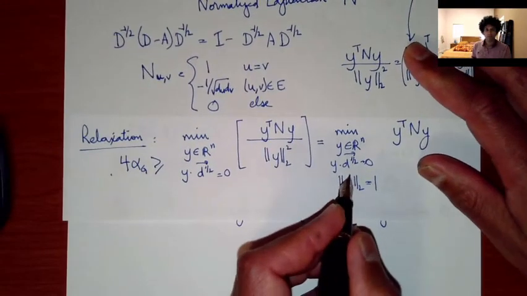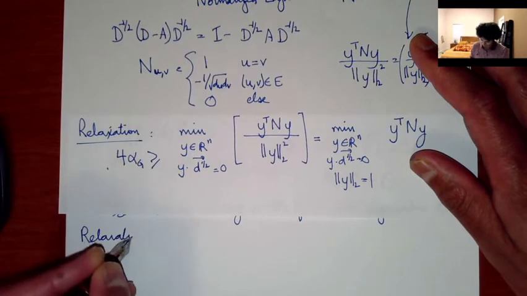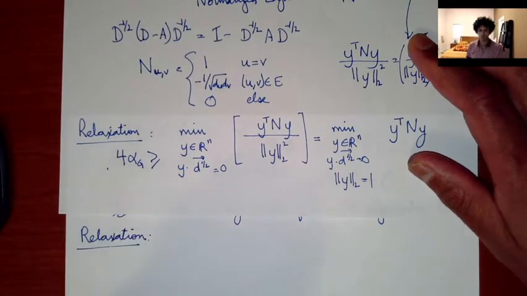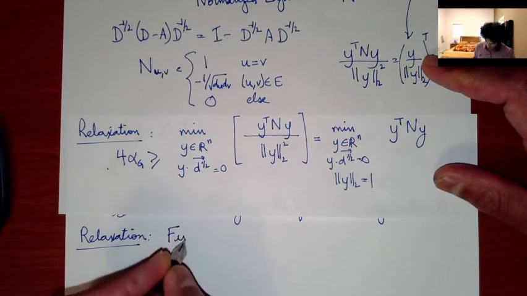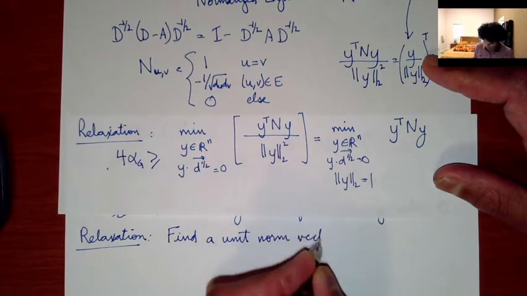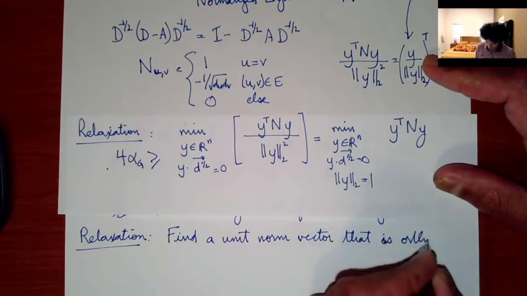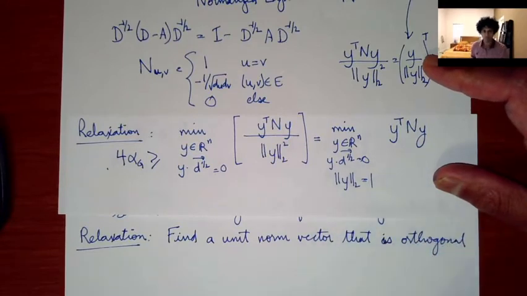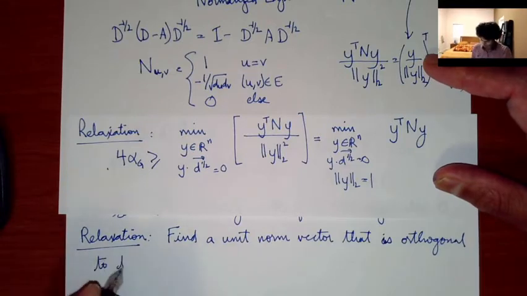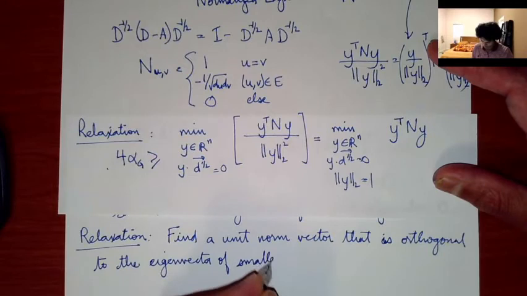Right? So now let's just restate the relaxation. What is the relaxation saying? It says, find a unit norm vector that is orthogonal to the eigenvector of smallest eigenvalue.